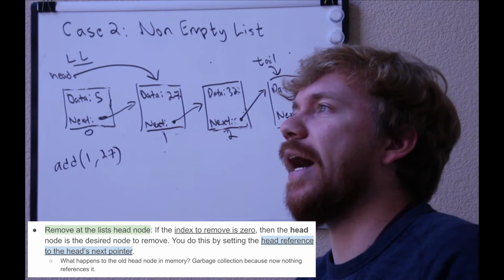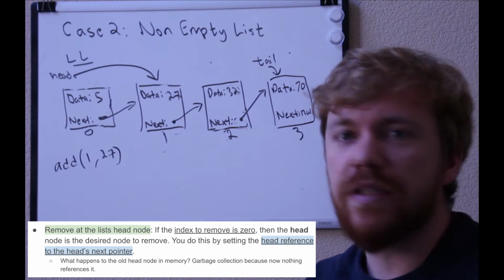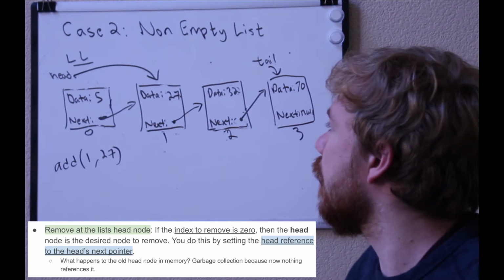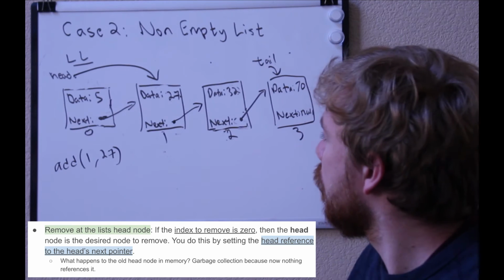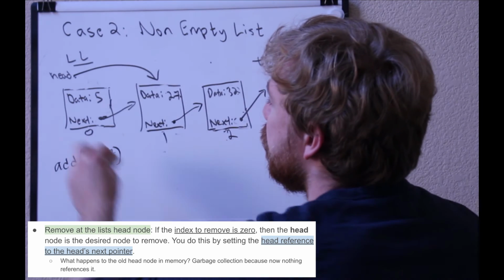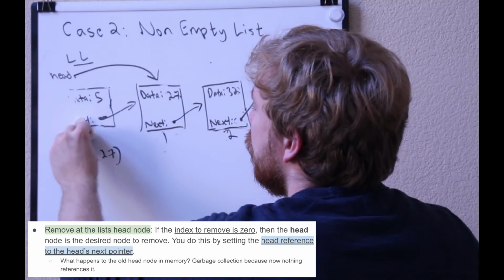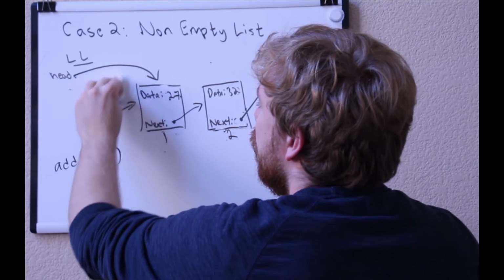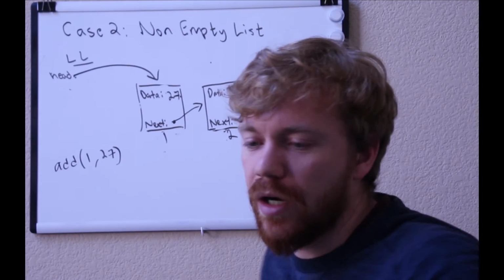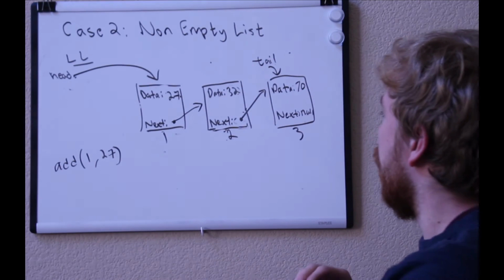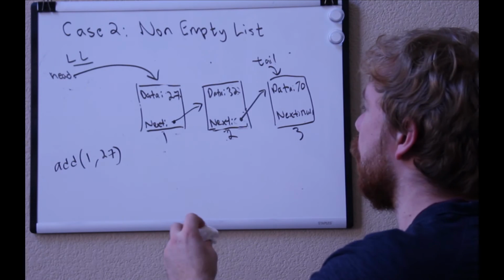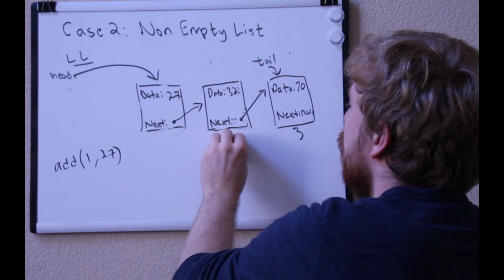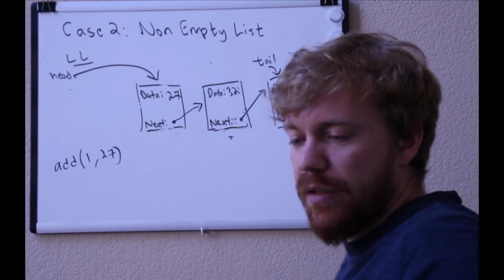And so there's no need to actually do any deleting of nodes. It is more so about adjusting references. And so since nothing references this node anymore, it's now gone. And you can automatically, once again, the indices to the linked list are already handled for us.